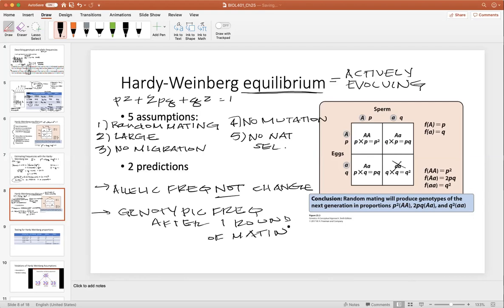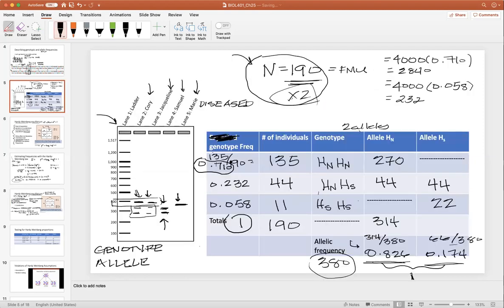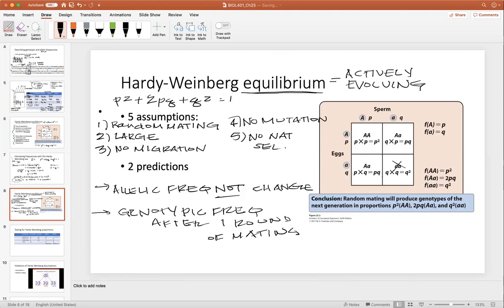Okay. So in other words, after we go through 1 round of mating, these genotypic frequencies should be stable. So again, this equation is describing this situation. That's why we call it an equilibrium. It's kind of just hanging out, doing its thing.